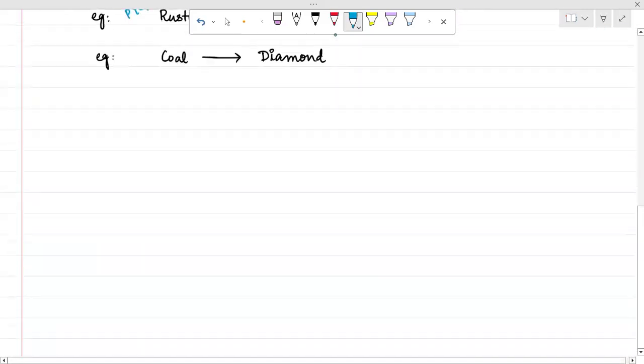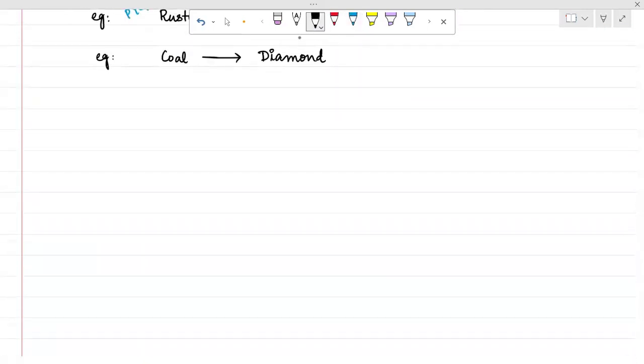But the principles that we learn can be applied to reactions which proceed with a moderate speed. Example, ester hydrolysis.